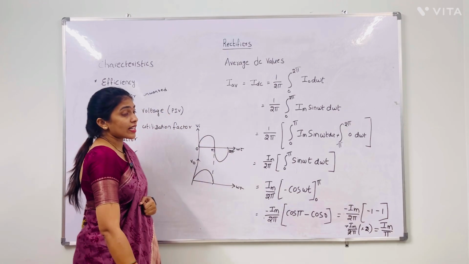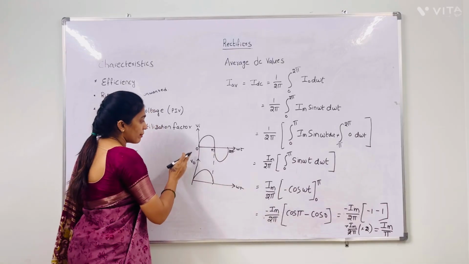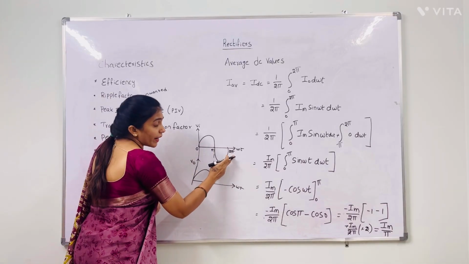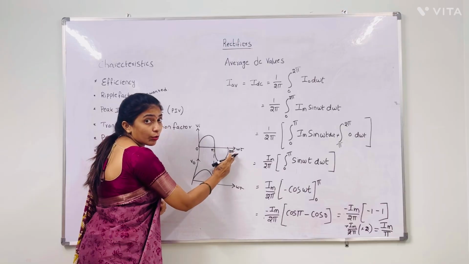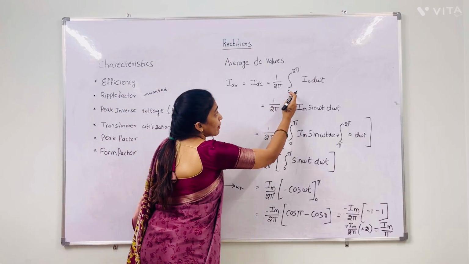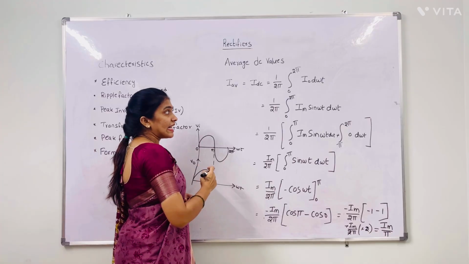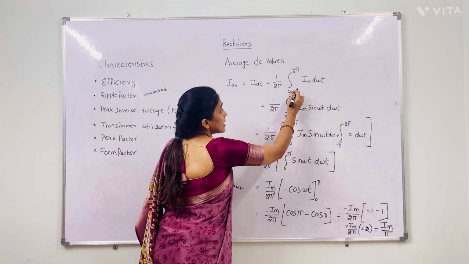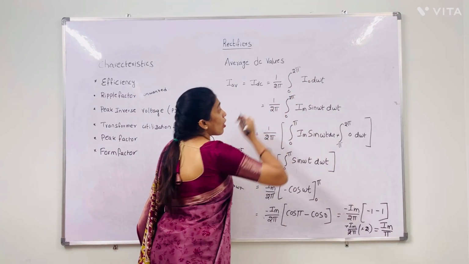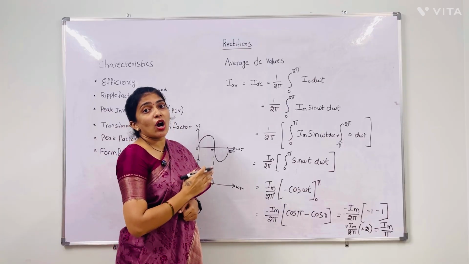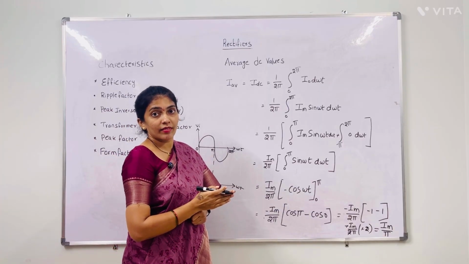For output voltage and output current, we are taking the limits from 0 to 2 pi. So 1 by 2 pi integration, limits 0 to 2 pi, I naught d omega t, right?